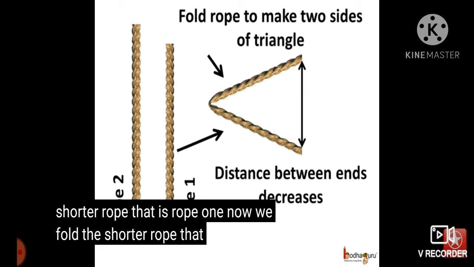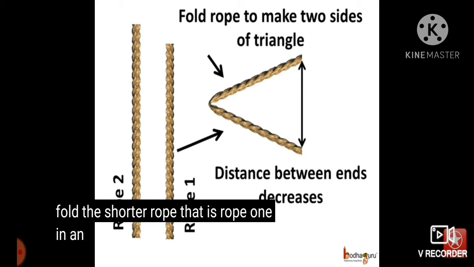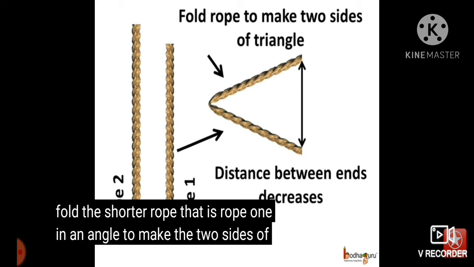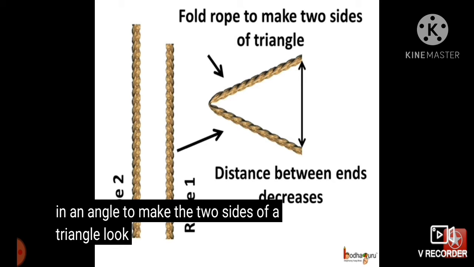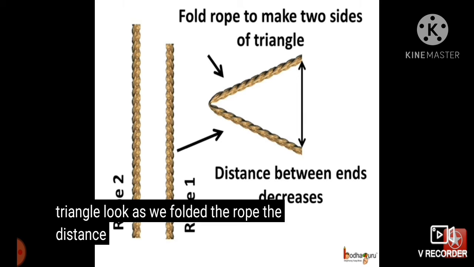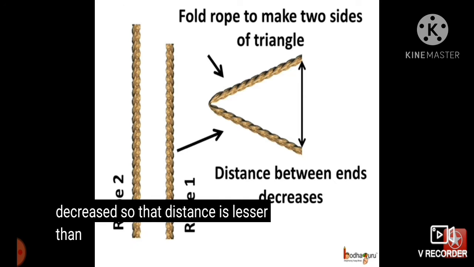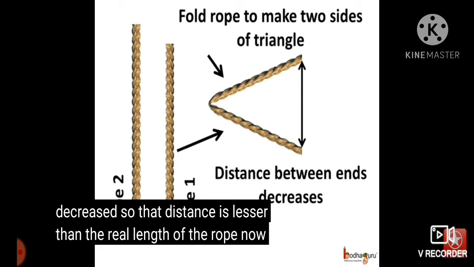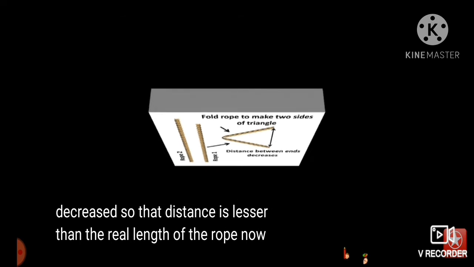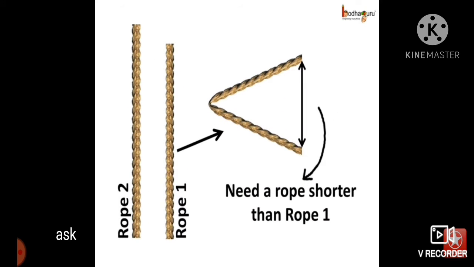We fold the shorter rope at an angle to make two sides of a triangle. Look, as we folded the rope, the distance between its two ends has decreased, so that distance is lesser than the real length of the rope now.